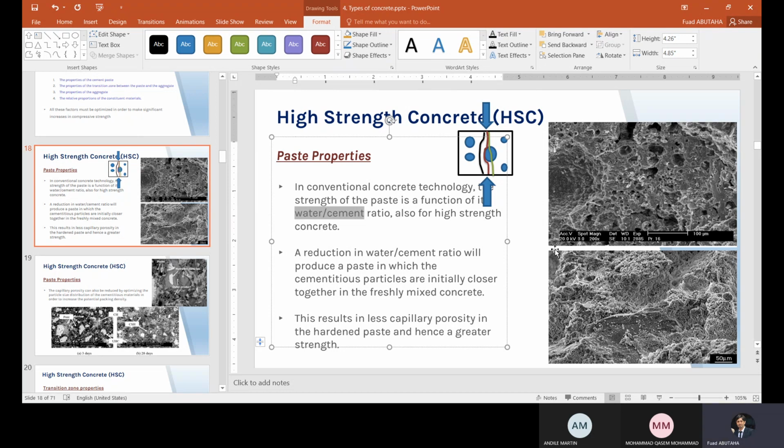Aggregate sand is not part of any reaction that happens for strength development. The strength of the aggregate is the same. It doesn't improve over time. If you cast the cement paste today, its strength increases over time, and the maximum strength is reached at 28 days.